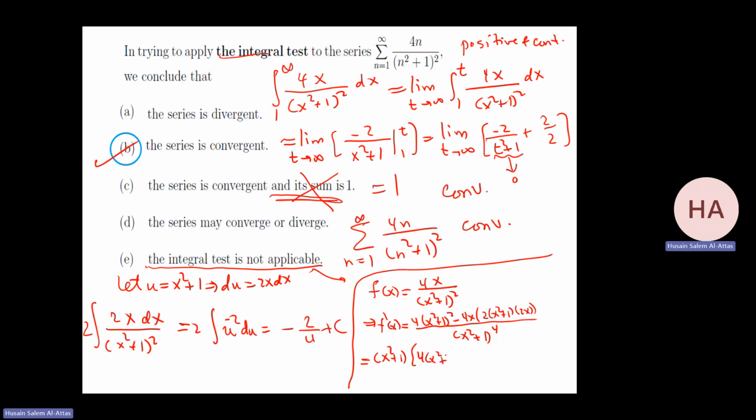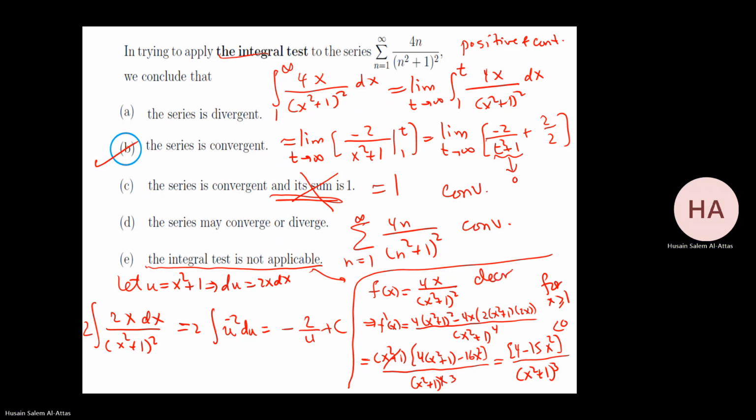What's the remaining? 4 times x squared plus 1, minus 16 x squared, over this. This will be 3, this is cancelled. So I have 4 minus 15 x squared over this, and this is negative for x greater than or equal to 1. Very clear, so it's decreasing. So this is wrong, the integral test is applicable.